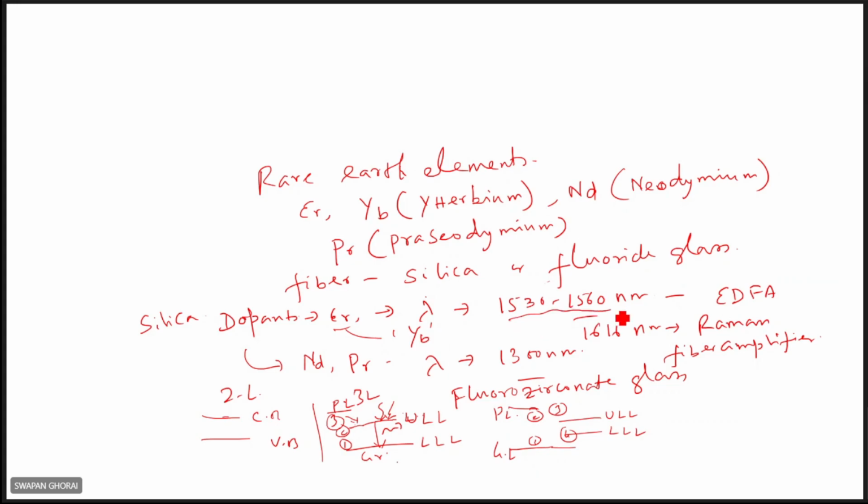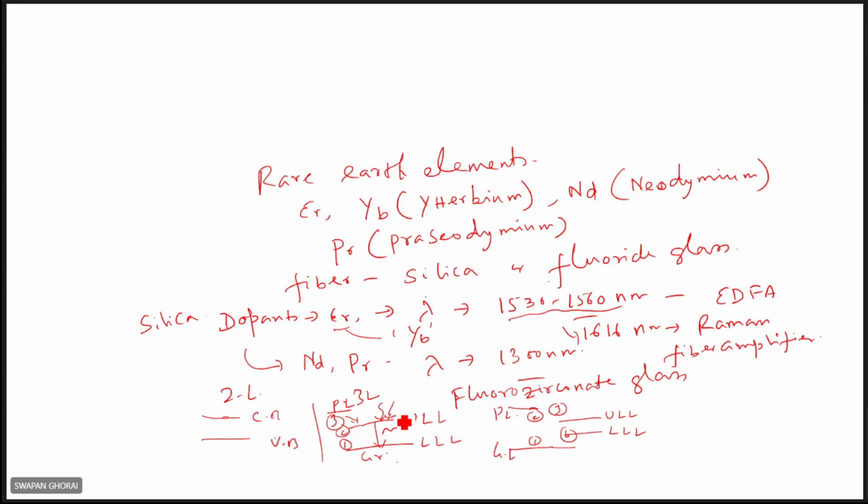I told you 1530, 1560, and it can still be increased more if you use the Raman fiber amplifier. And it is based on these erbium doped fibers. Here it is based on the lasing principle. Lasers can be 3 levels, 4 levels, or 2-level lasers. In semiconductors, it is 2 levels: valence band, conduction band.